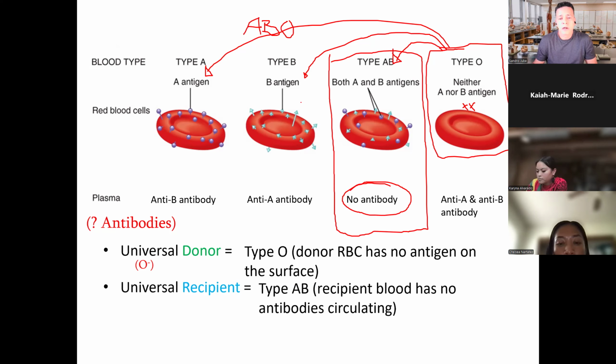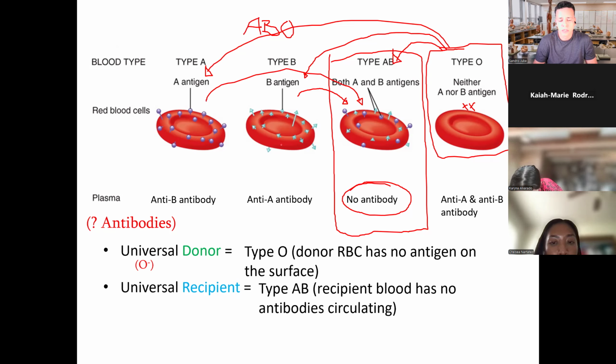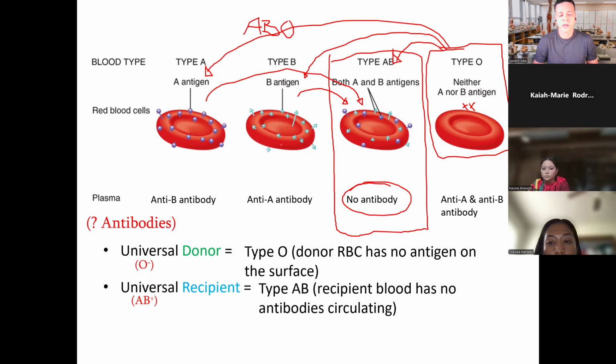So it doesn't matter who donates blood to this individual, because this individual has no antibodies to bind to the antigen. Therefore, the red blood cells are going to be left alone. Okay, they're not going to be lysed, they're not going to be agglutinated. Now, specifically, AB positive is what we consider a universal recipient of blood. You can literally receive blood from anybody. Okay?